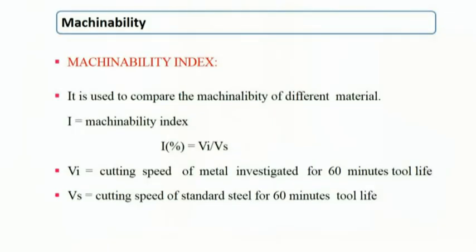So Vi stands for the material under investigation: for that material, the cutting speed at which the tool life reaches 60 minutes is considered Vi. Whereas Vs is for the standard material: it is the cutting speed of the standard material or standard steel for 60 minutes of tool life.